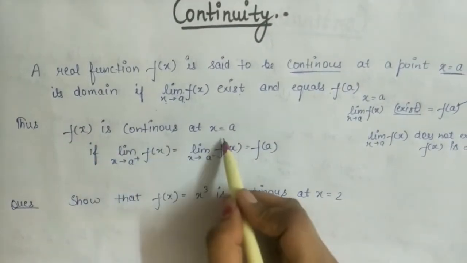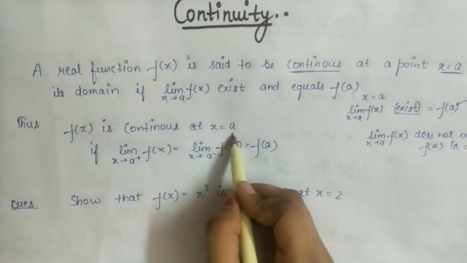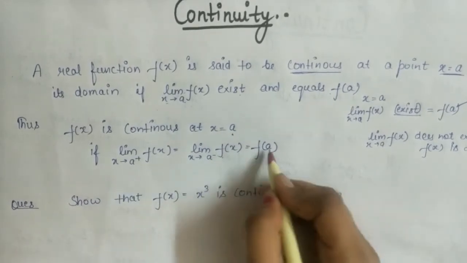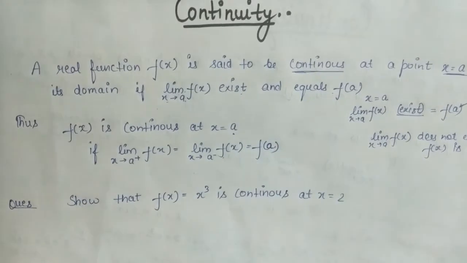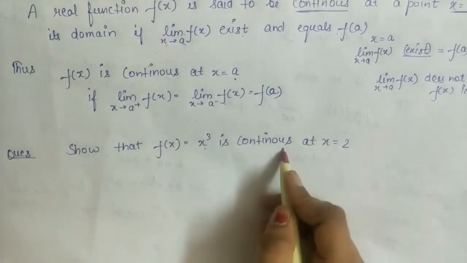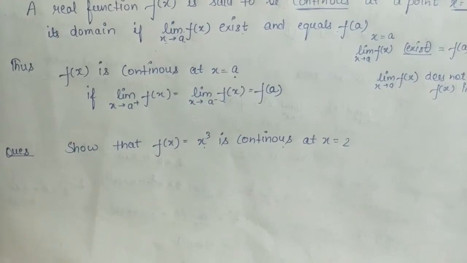Thus f(x) is continuous at x = a if right hand limit is equal to left hand limit is equal to f(a). Show that f(x) = x cube is continuous at x = 2.